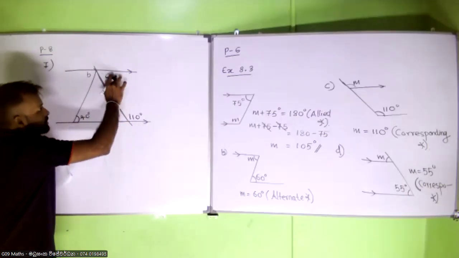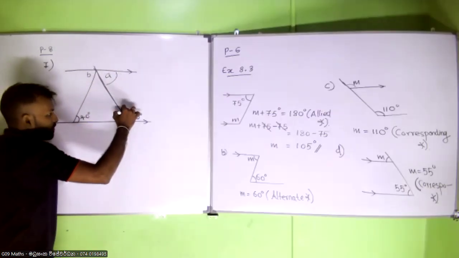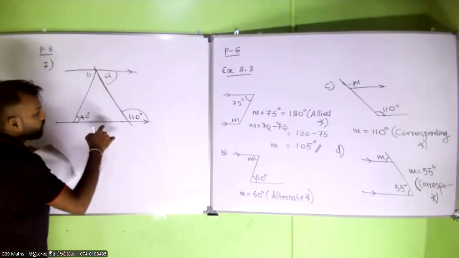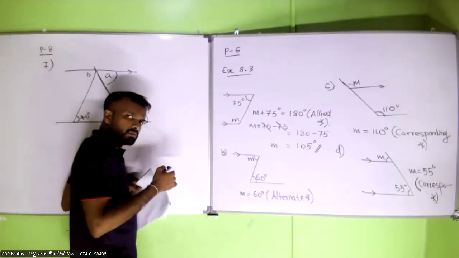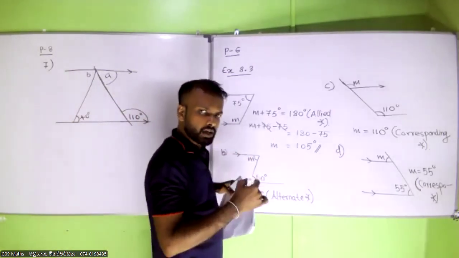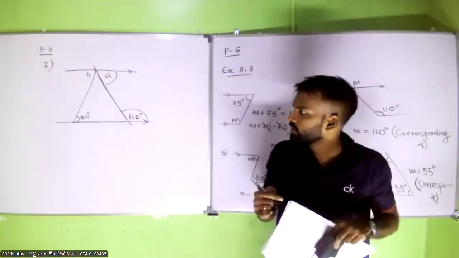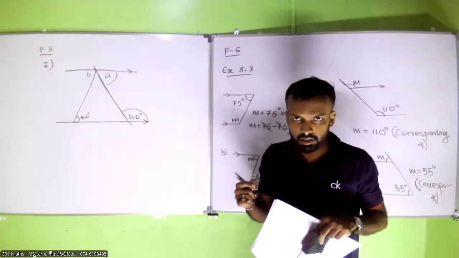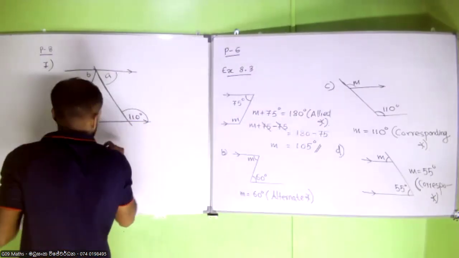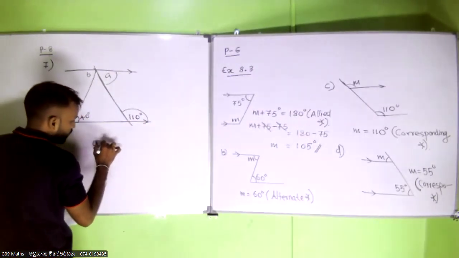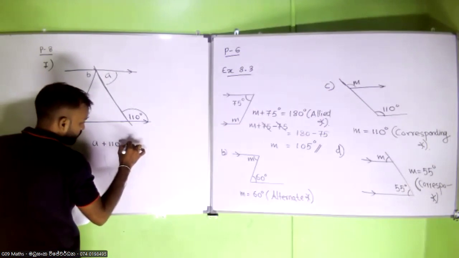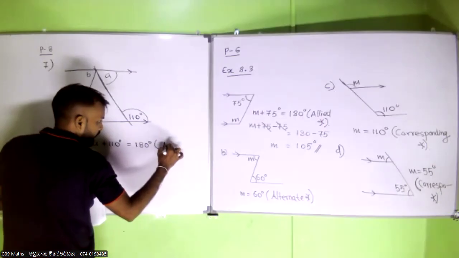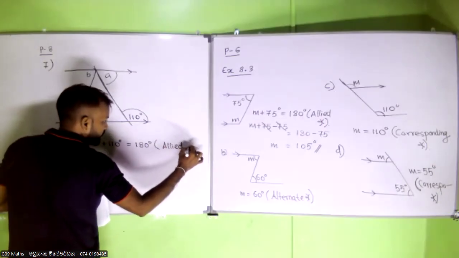So this A and 110 form what? They form a C type of angle. That means allied angles. So A plus 110 is equal to 180. Reason: allied angles.